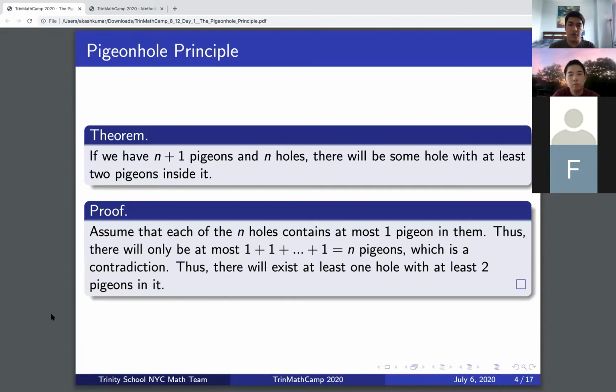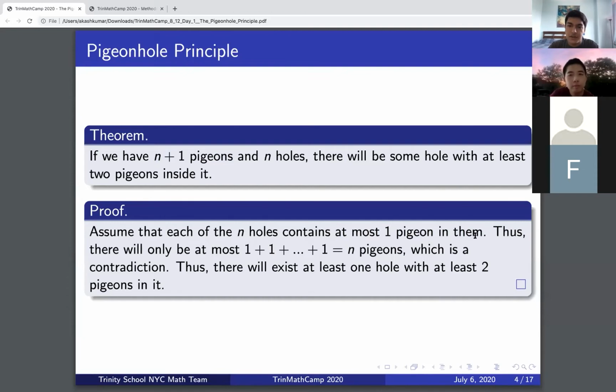If each hole has a maximum of 1 pigeon, then the maximum number of pigeons we could have is 1 plus 1 plus 1, n times, right? Because there are n holes, 1 pigeon per hole, so n pigeons should be our max. But that's a contradiction because we said we have n plus 1 pigeons here. Because we have a contradiction, this initial assumption that at most 1 pigeon is inside each hole must be false.